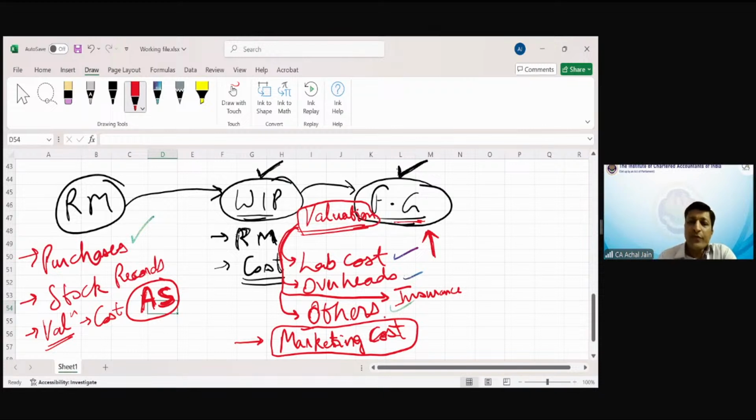You found some of these components included: labor cost, salaries, overheads, insurance, marketing cost. So what will you do? How will you handle that as an auditor of the company? That's my point. Over to you quickly. As an auditor, what will you do?